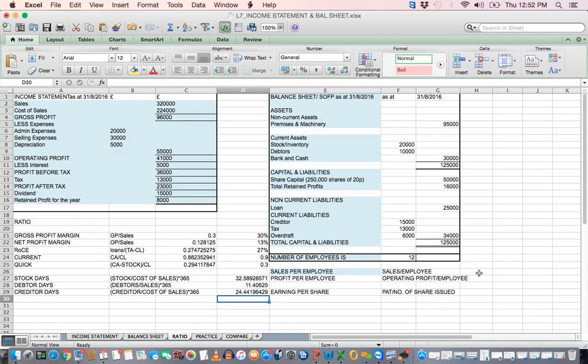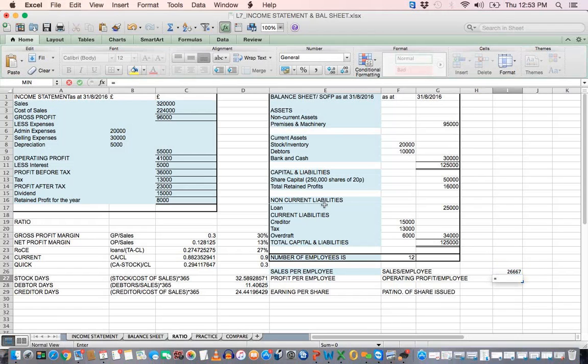Now here you have information on the number of employees, so you can directly calculate the sales per employee. So equals, this is your sales figure, take the cell reference divided by the number of employees, that's 12, and then you hit enter, that says 26667, so we round the figure. If you want to round the figure in your spreadsheet, you can use this one.